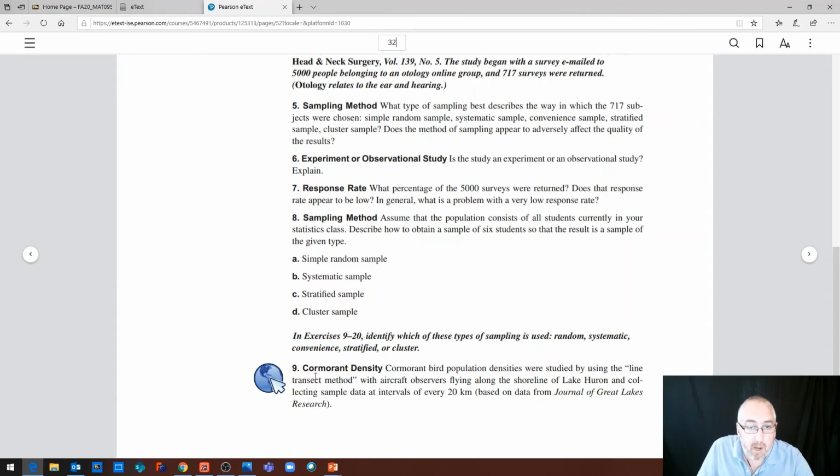Bird population densities were studied by using the line transect method with aircraft observers flying along the shoreline of Lake Huron and collecting sample data at intervals of every 20 kilometers. Okay, so which one do you think this is going to be? So we have random, systematic, stratified, what?